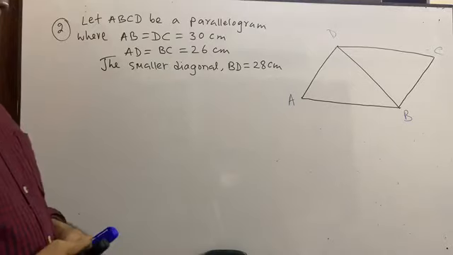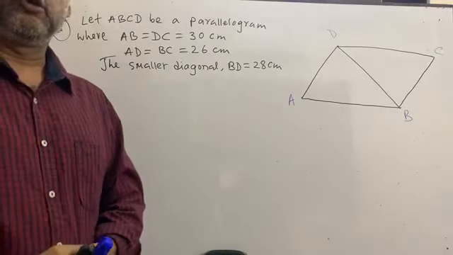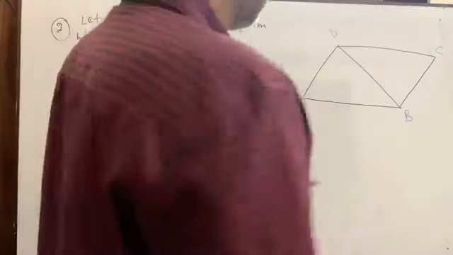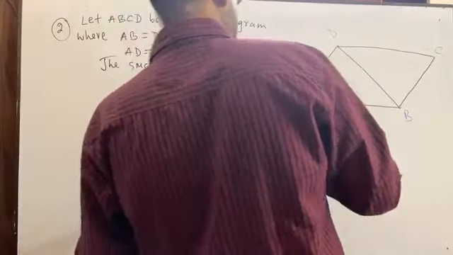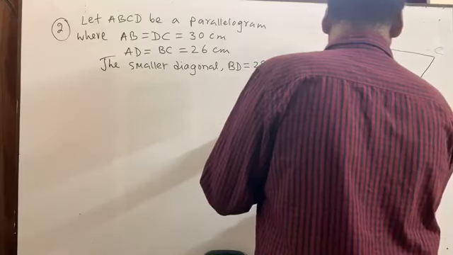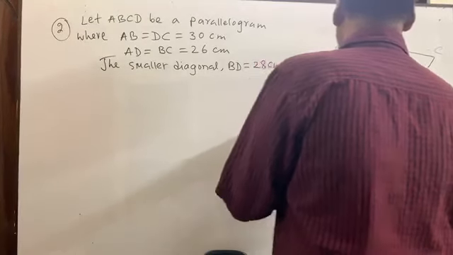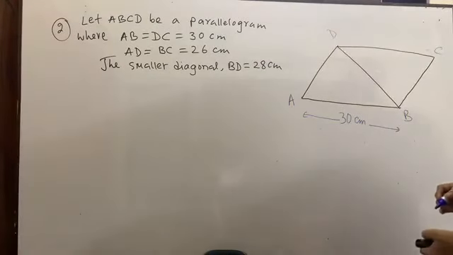As I told you, to determine the area of a parallelogram, what we need? We need base. Yes, our base is given. It is 30 centimeter. The base is given.